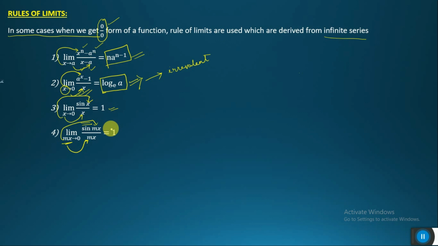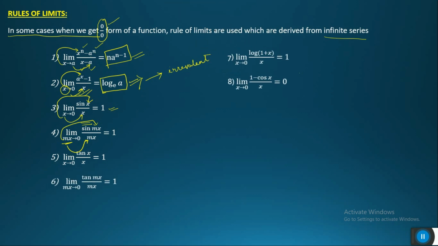Clear? Similarly, tan x is also the same, and tan mx is also the same. The next one, we rarely use these. So you see limit x tending to 0, mostly used are this one, and sometimes this.